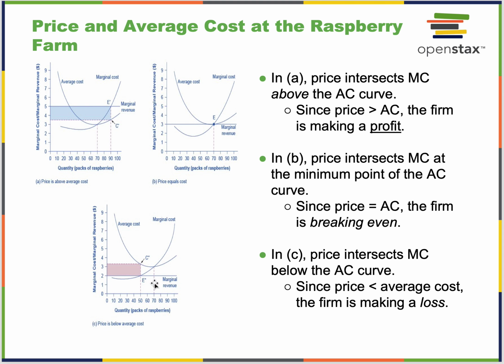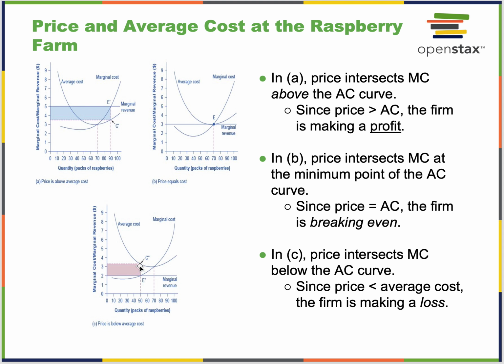In C, we see that the price is lower. When the price hits that marginal cost curve, it's below the average cost curve. So now your average cost is above the price.